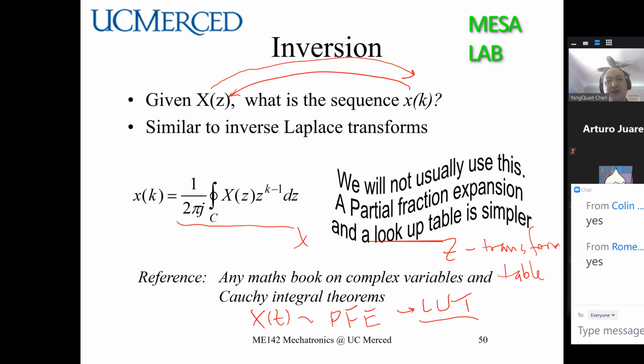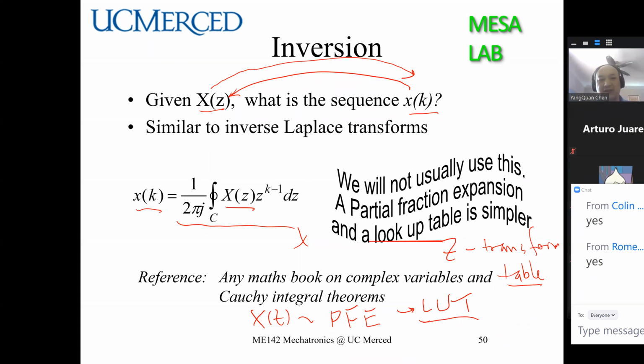Given xk, you can get xz. Given xz, you can get xk. So this is actually a z transformation table, just like the Laplace transformation table. In the inverse, given xz, you do this kind of integration. Then you will get this one. But usually you don't go this way. You use the z transformation table.